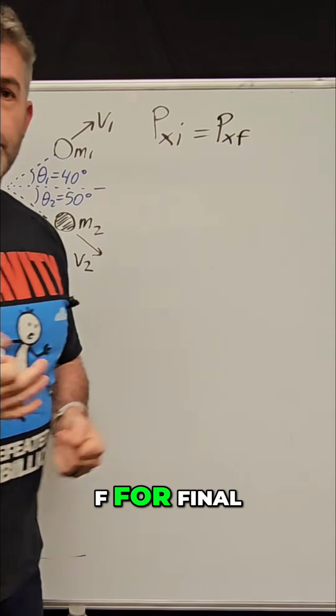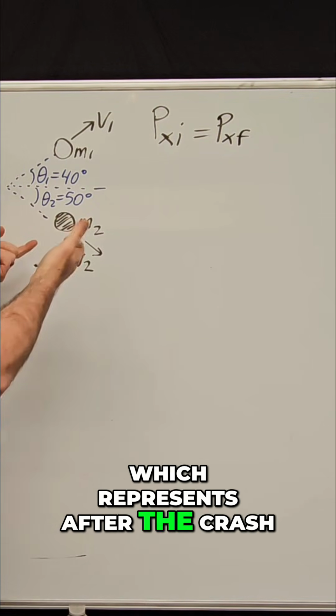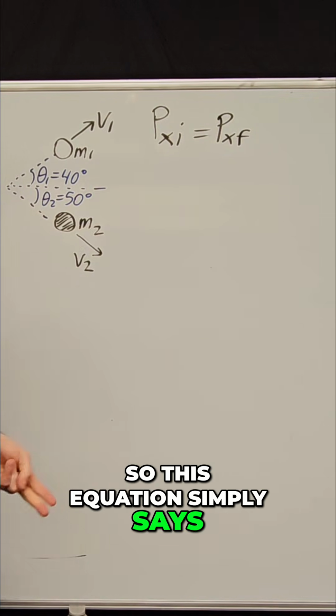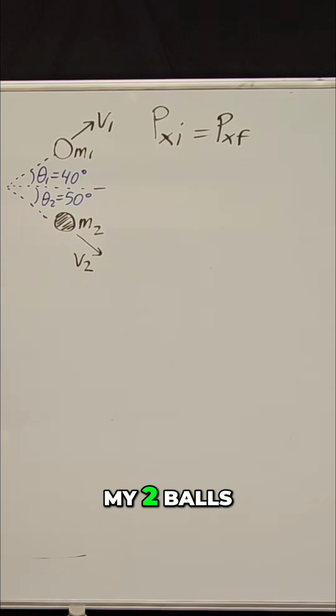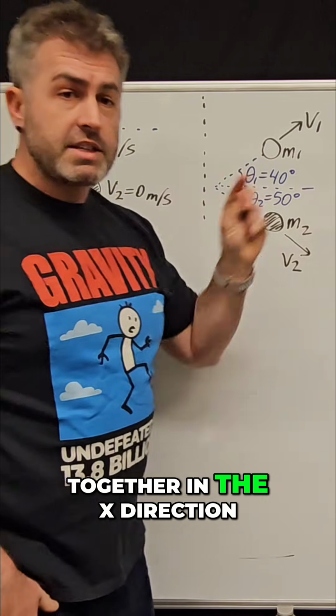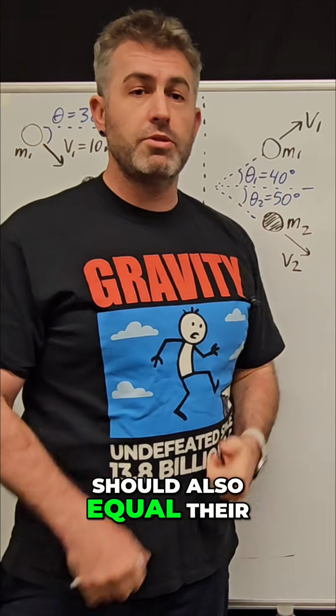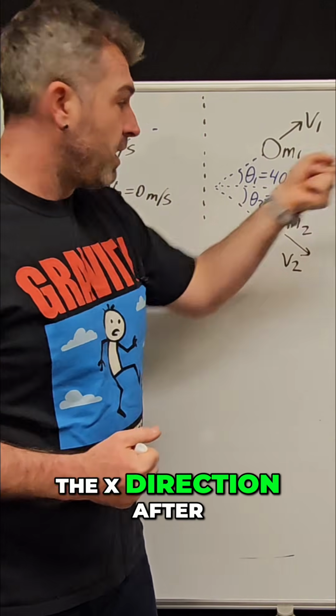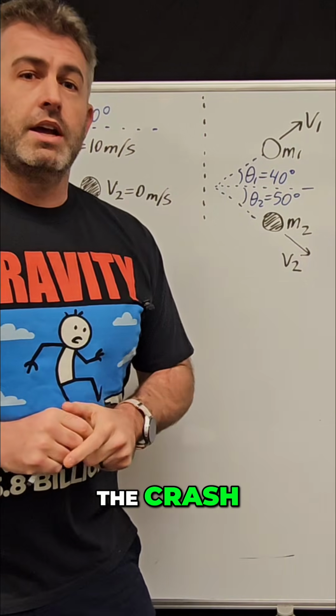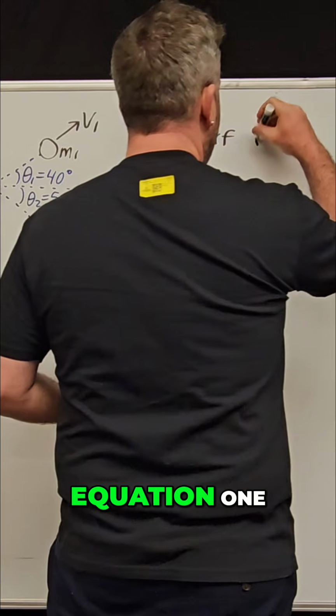And I'm going to write F for final, which represents after the crash. So this equation simply says the total momentum of my two balls added together in the x direction, horizontal, before the crash should also equal their total combined momentum in the x direction after the crash. And so that is what we're going to call equation 1.